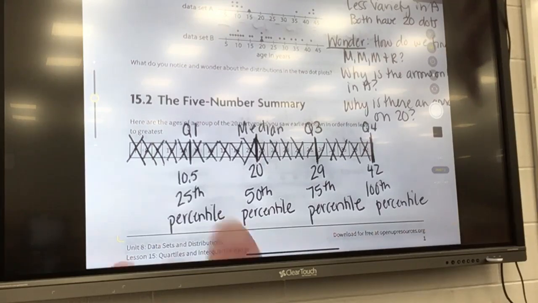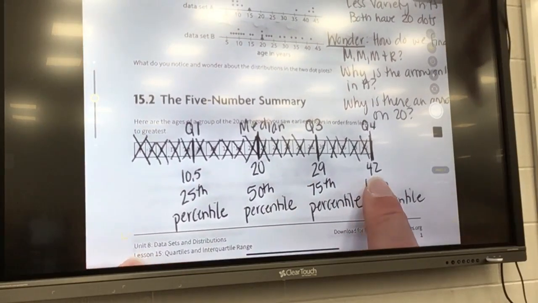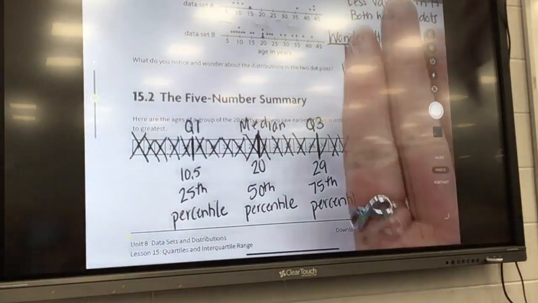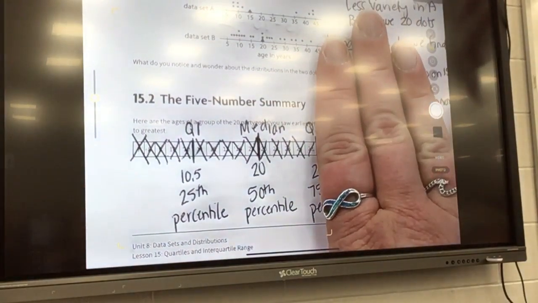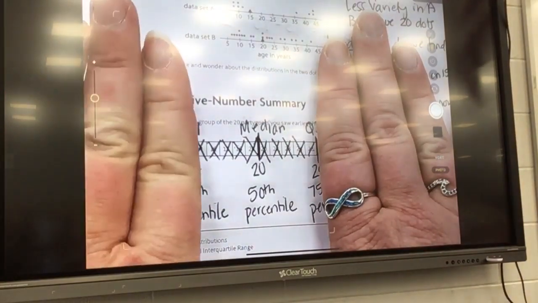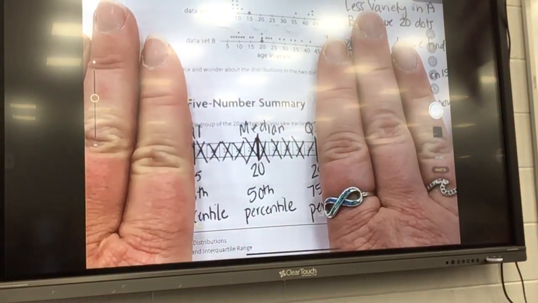Alright, so the whole data set equals how much percentage? Yes. 100%. So if I take away this amount, how much do I have left? 75%. If I take away the first portion, how much do I have left?